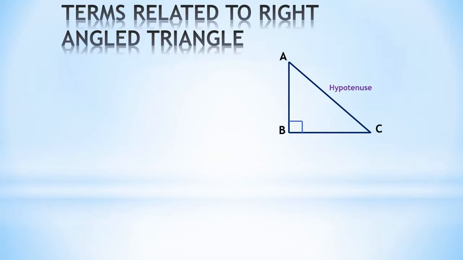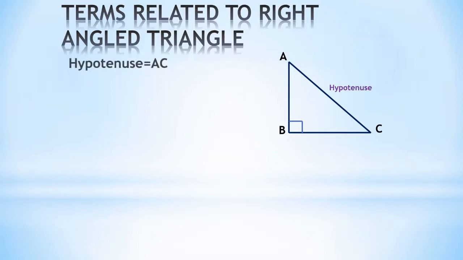Now, let us see the terms related to the right angle triangle. First, let us draw a right angle triangle and name it A, B and C. Angle B is 90 degrees. So the side opposite to 90 degrees is called the hypotenuse side.